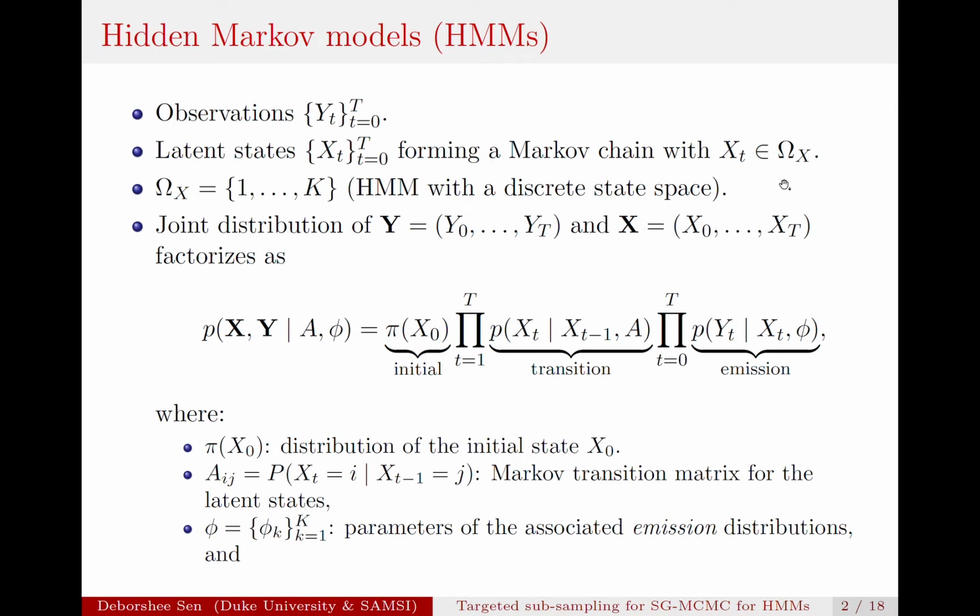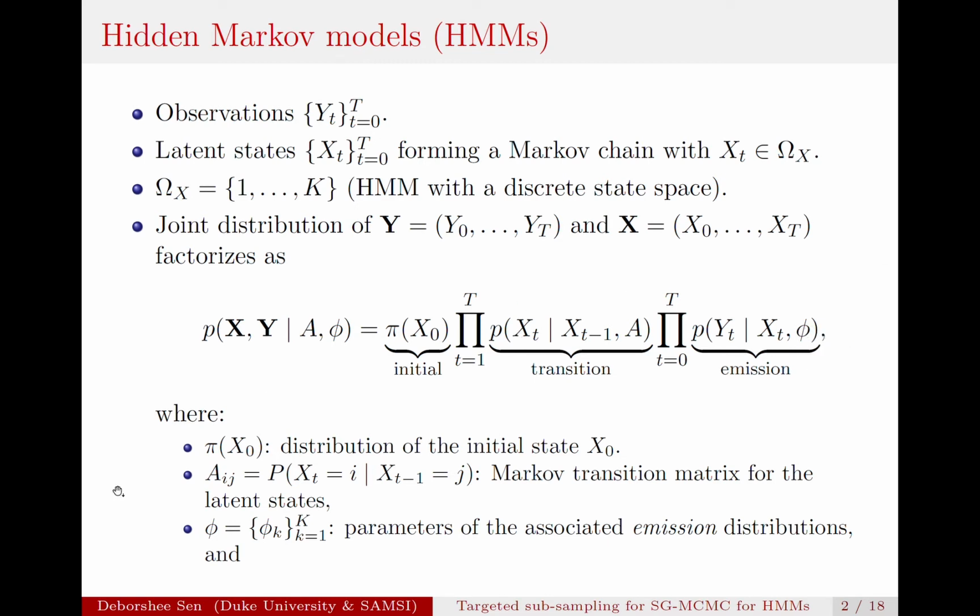Then the joint distribution of the observations and the latent states can be written as the distribution of the initial latent state, then the transition distributions for the latent states, and then what's known as the emission distributions. The observation at time t only depends on the latent state at time t, and of course it has some parameters. It depends essentially only on this quantity and on nothing else.